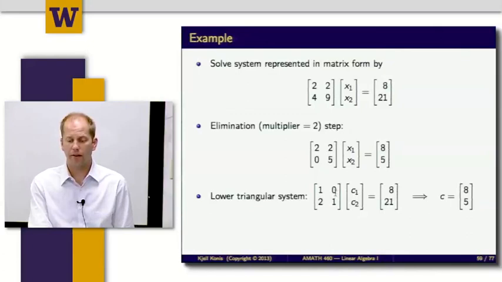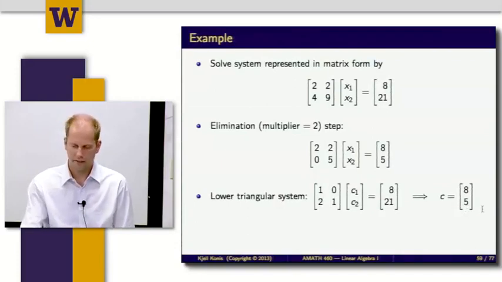And then that's going to tell me right away, 1 times C1 equals 8. I get the 8 here. And then 2 times C1 plus 1 times C2 equals 21. And that tells me that C2 has to be equal to 5. So that's, again, 2 times 8 is 16 plus C2 equals 21. 21 minus 16 is 5.